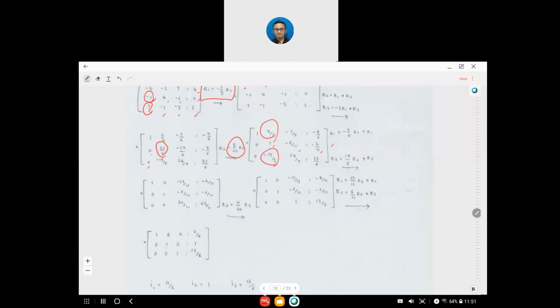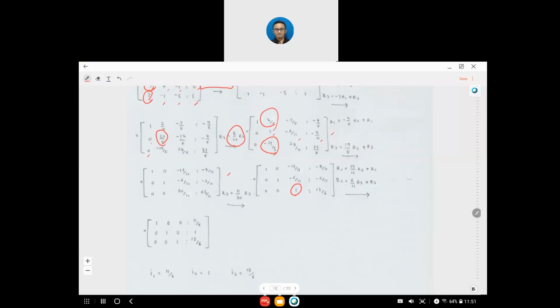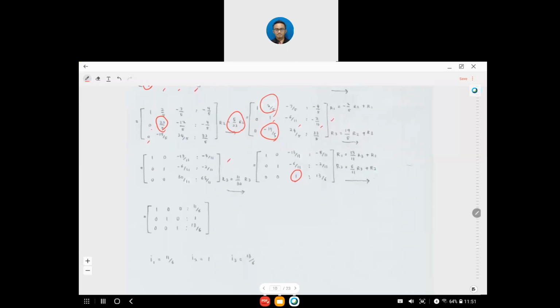So you will get this one. After that make it 1. Make this 1. Okay. And then last this one. Okay. So your answer here 11/6, 1, 13/6. Is this 13/6 correct? Ha? 13/6.